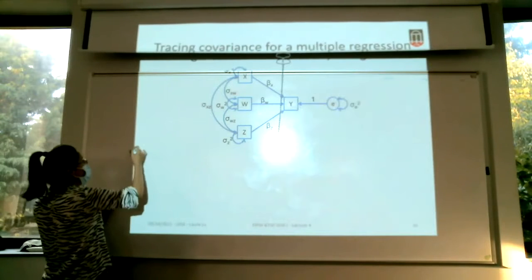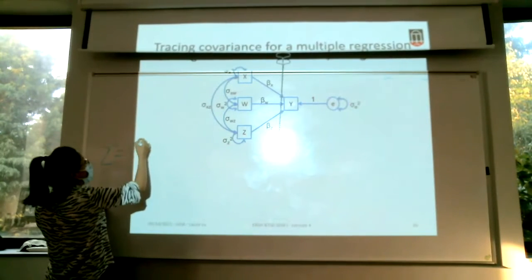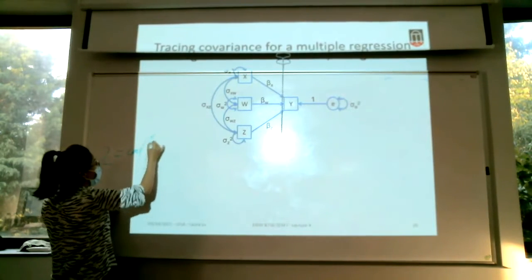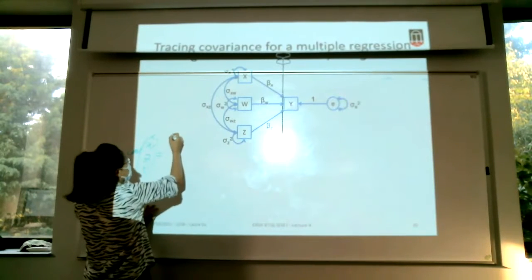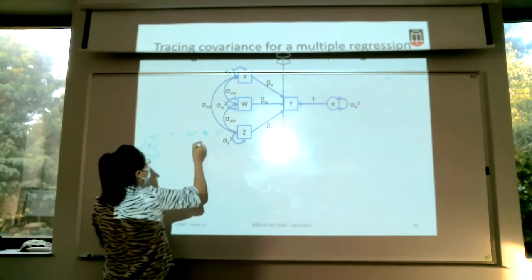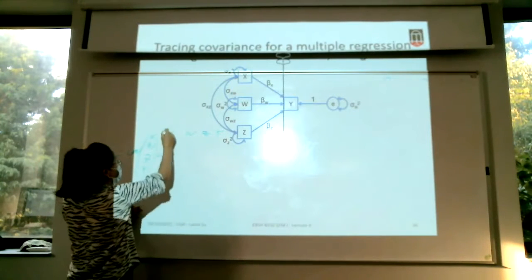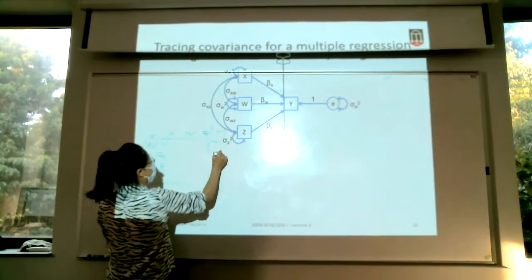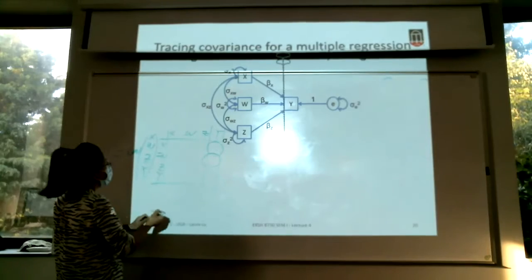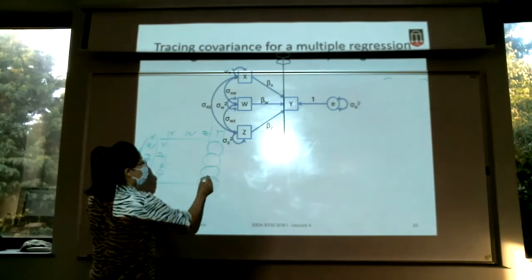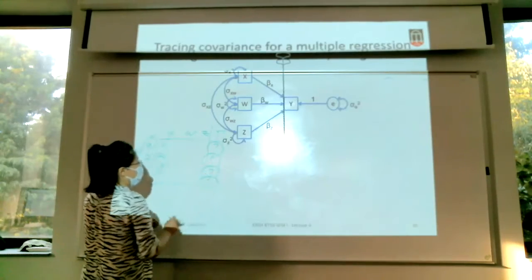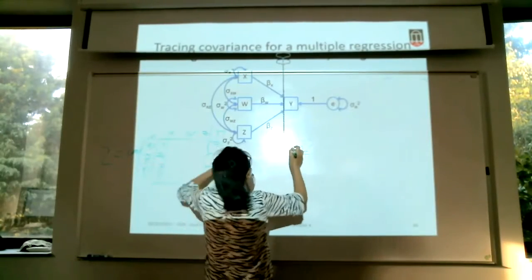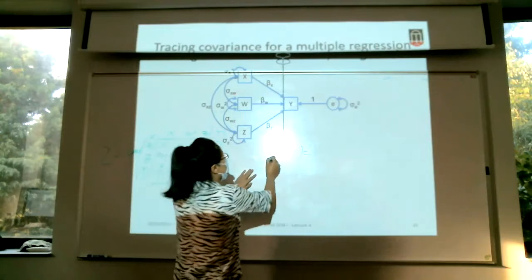We are trying to get the covariance matrix of X, W, Z, Y. Here we have X, W, Z, Y, and you need to figure out this part: the covariance between X and Y, the covariance between W and Y, the covariance between Z and Y, and the variance of Y. So that's these 4 components. First, the covariance between X and Y.